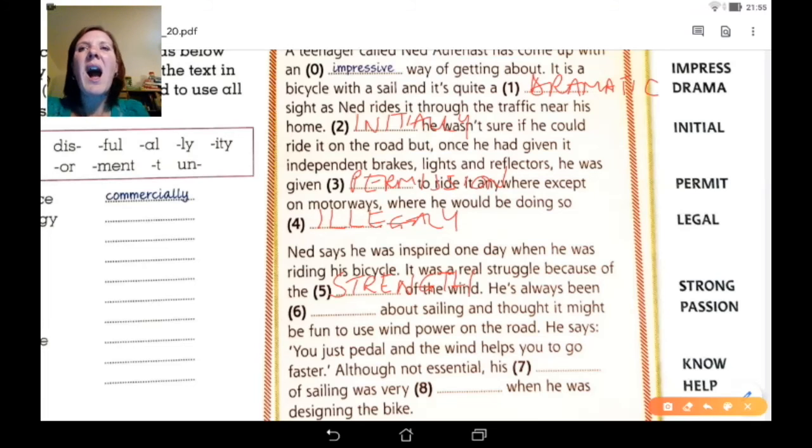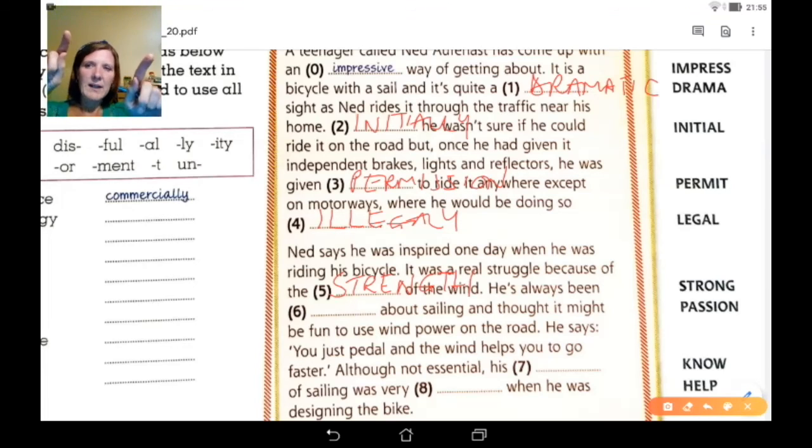If you have high, it's not highness, but height, H-E-I-G-H-T. And then if you have long, it becomes length, L-E-N-G-T-H. Okay, so just be careful of these words that speak about measurements.